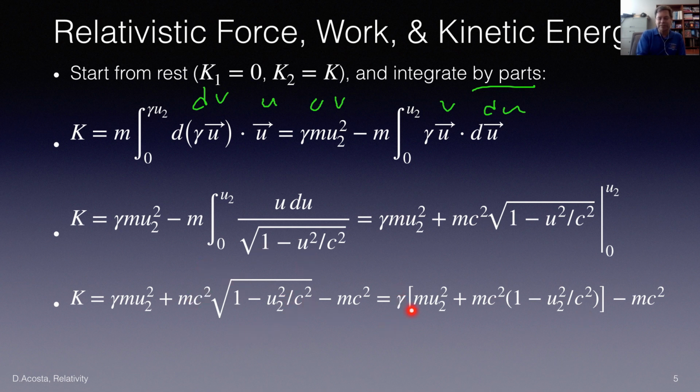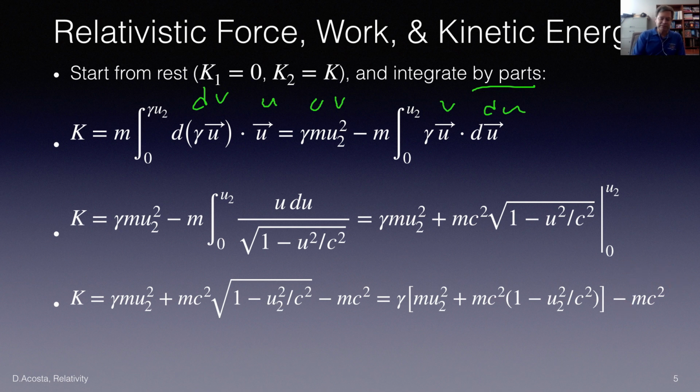So I can pull out the gamma here, provided I raise the power from 1/2 to just 1. I pulled the gamma also out front of the first term, so instead of gamma m u2 squared, it's gamma times m u2 squared. And then I have mc squared times 1 minus u2 squared over c squared in brackets, and then I'll leave the minus mc squared there at the end.